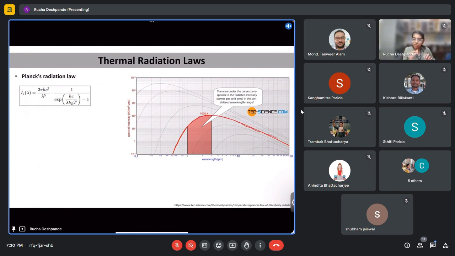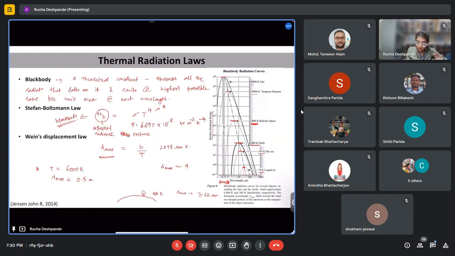Okay, so we'll now see how these three are related: Wien's displacement law, Stefan Boltzmann law, and Planck's radiation law. This is Planck's radiation law. It gives us how spectral intensity varies with the wavelength, so it gives us the equation of that curve. And we saw that the Stefan Boltzmann law gives us the area under the curve.